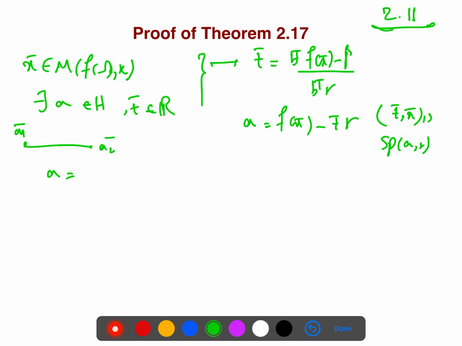So we can write a mathematically as lambda a bar 1 plus 1 minus lambda a bar 2, for any lambda inside 0 and 1.